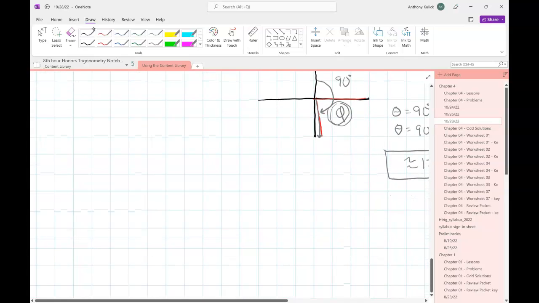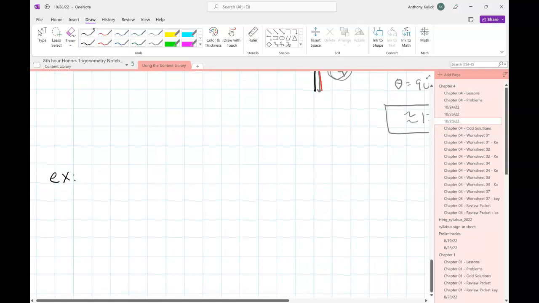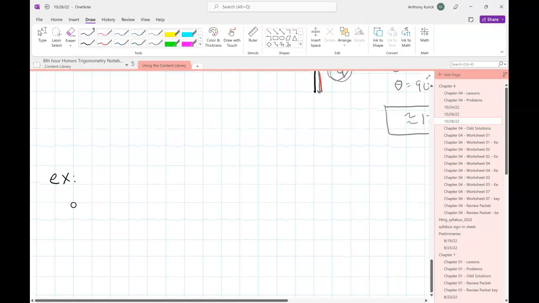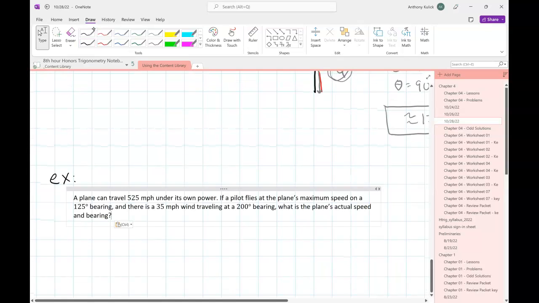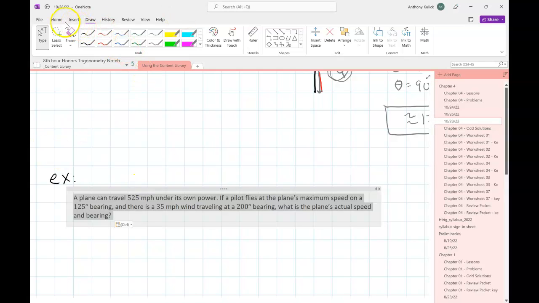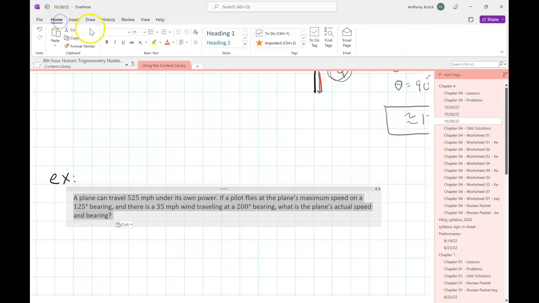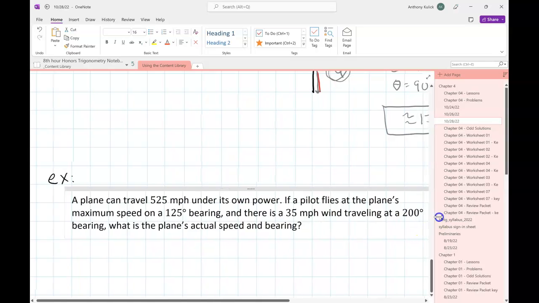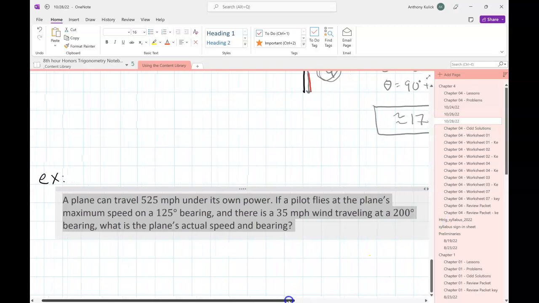Yes, it'll always be tan. To find your phi, you'll always be doing the tan inverse of the absolute value of y over x. All right.